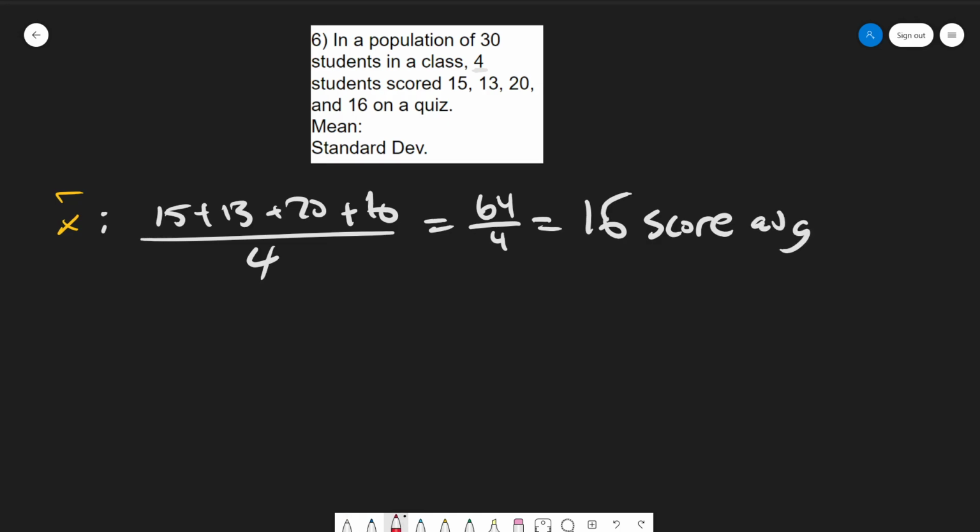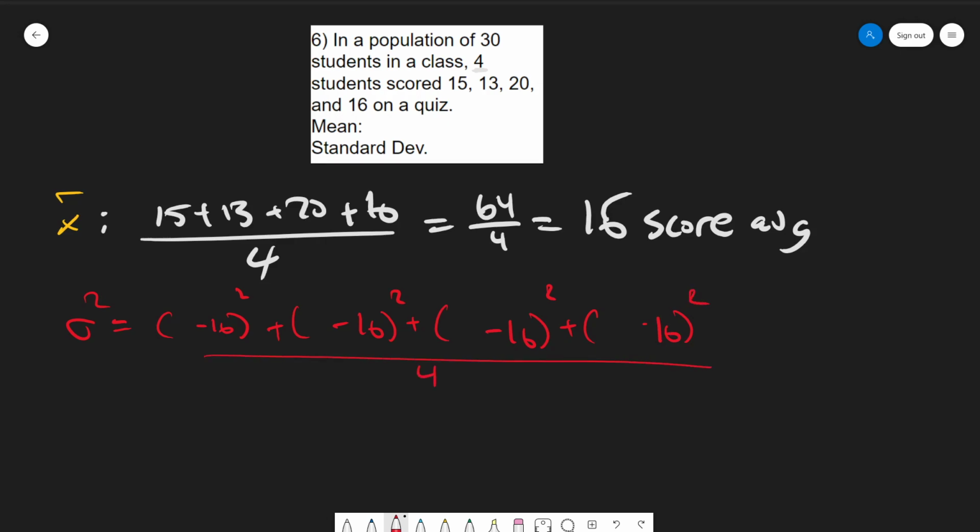And then we're going to move on to the variance by subtracting that 16 from each of those scores and squaring it to get this measure of squared spread, dividing by the number of terms, which is 4. So 15, 13, 20, and 16.